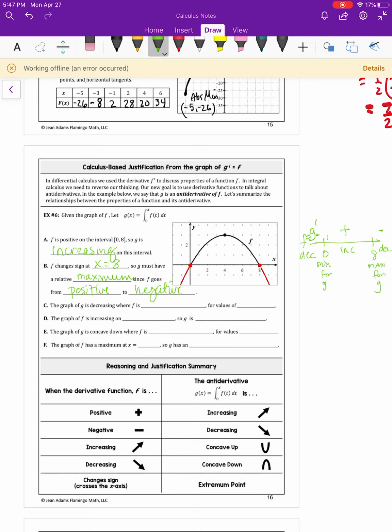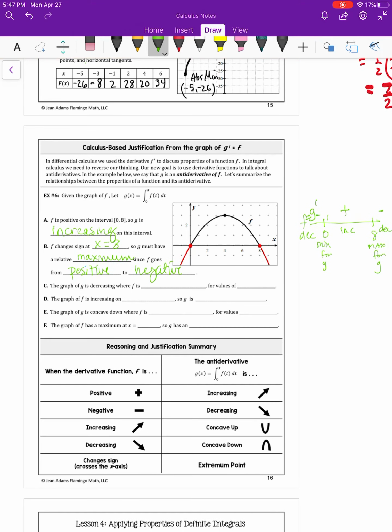So the graph of g is decreasing where f is negative, right? For values of x greater than 8. And we do have this also, but we're just looking from 0 on for this one.